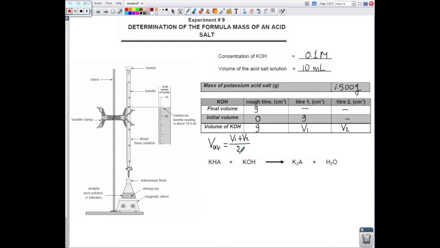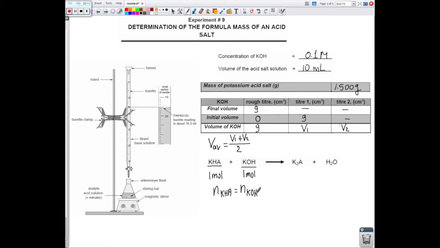Once you calculate the average volume of the titration, you will use the equation between the acid salt and the base. As you can see, the acid salt to base ratio is 1 mole to 1 mole, which means you will reach the stoichiometric point once the number of mole of KHA is equal to the number of mole of KOH.